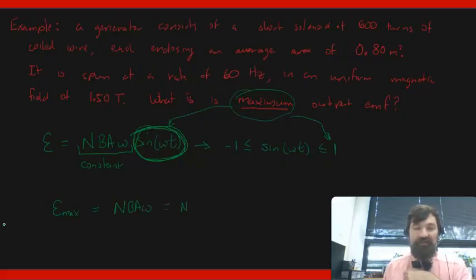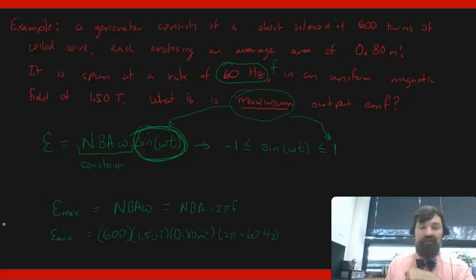That is N times B times A times 2 pi times f. This right here, 60 Hertz, is actually a frequency f, not the angular frequency omega. And so my maximum value here is 600 turns times 1.5 Tesla times 0.80 square meters times 2 pi times 60 Hertz.